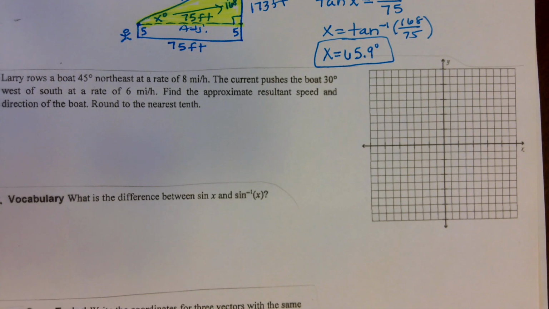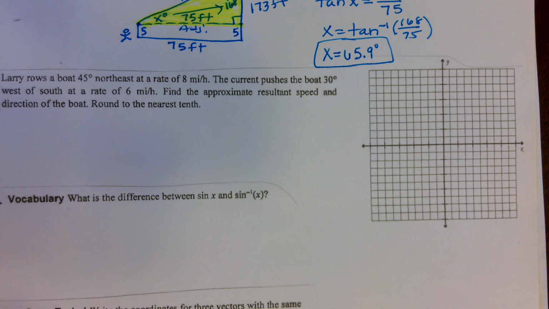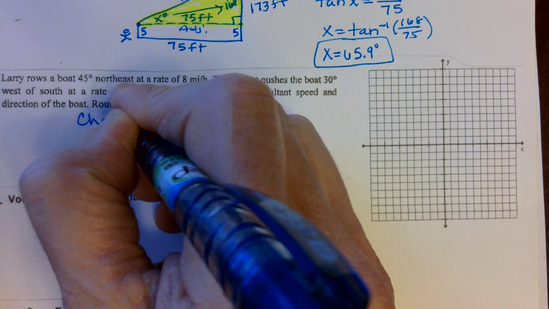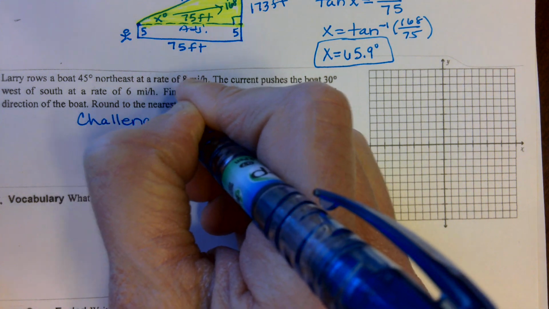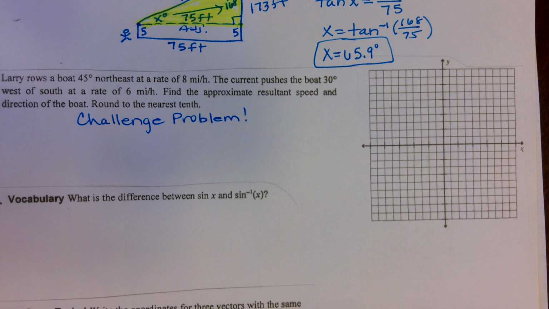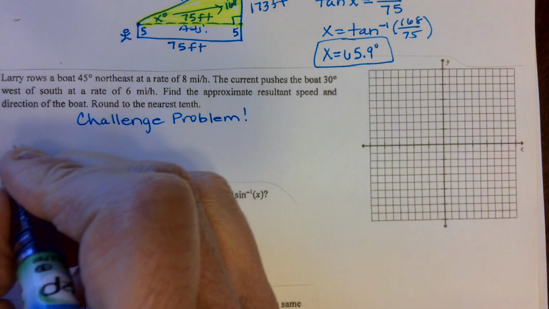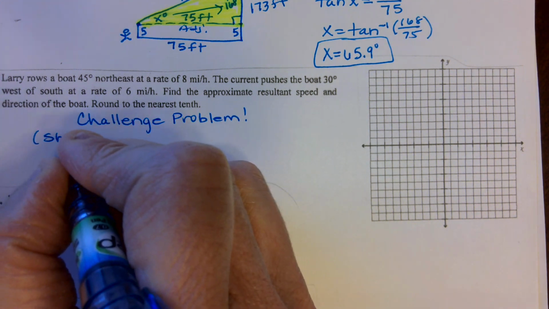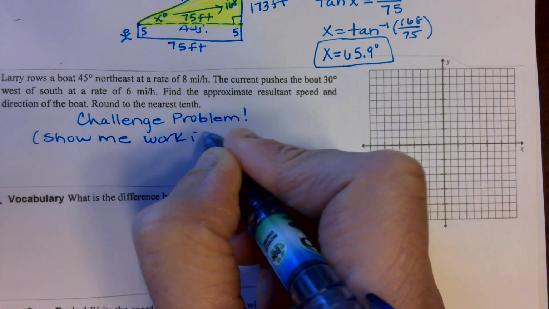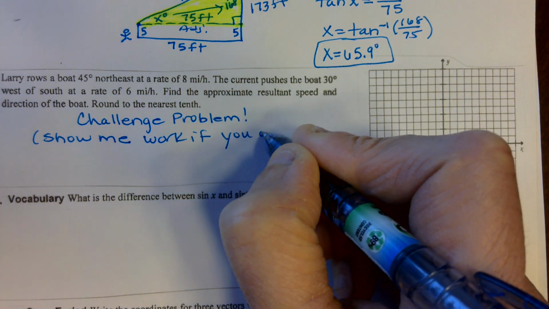Number 24 is so much fun that I have labeled this a challenge problem, where you get a grand prize if you figure it out. So show me work if you get this.